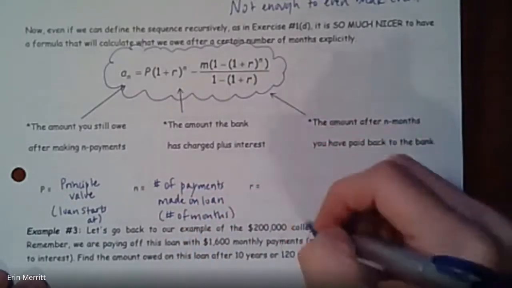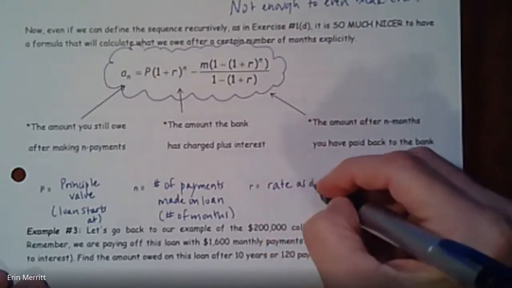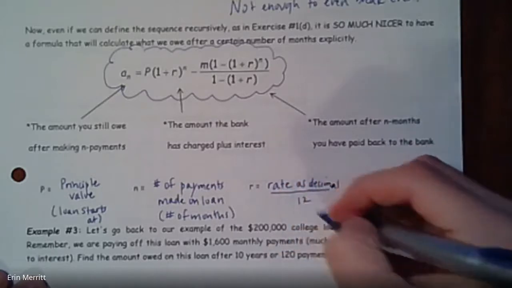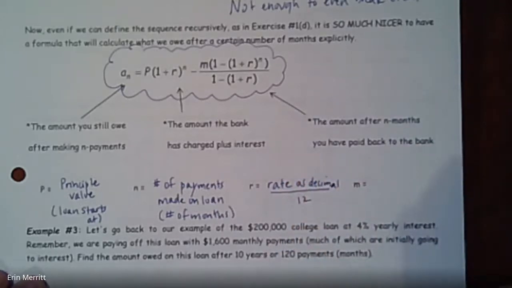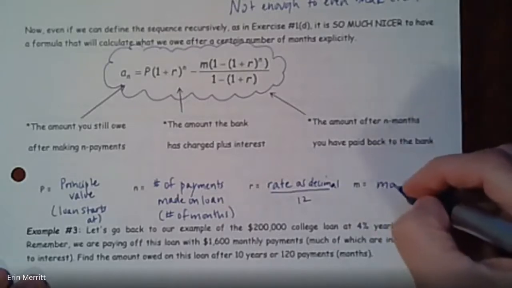R is your rate as a decimal, but then divided by 12, because the over 12 makes it a monthly rate. And then M is the monthly payment.